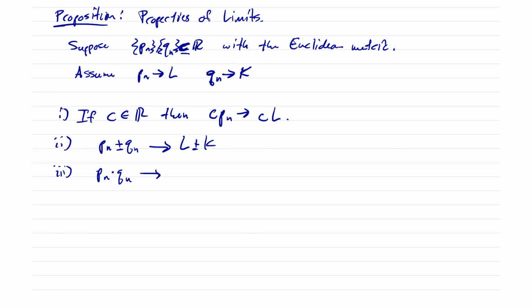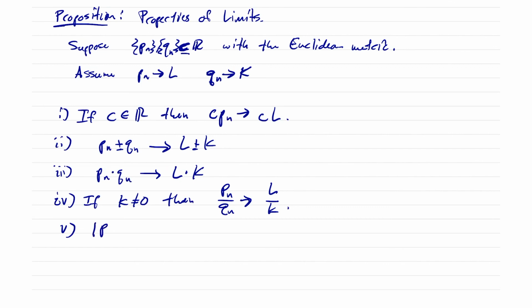Pn times Qn converges to L times K. And four, if K is not equal to 0, then Pn over Qn converges to L over K. And finally, five, the absolute value of Pn converges to the absolute value of L.